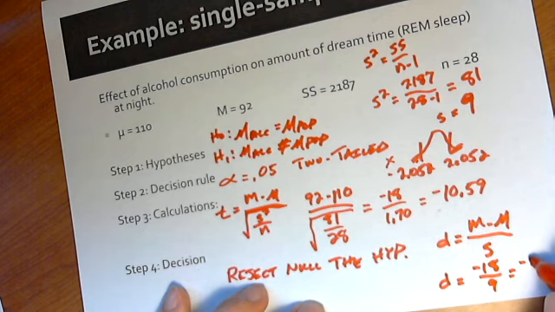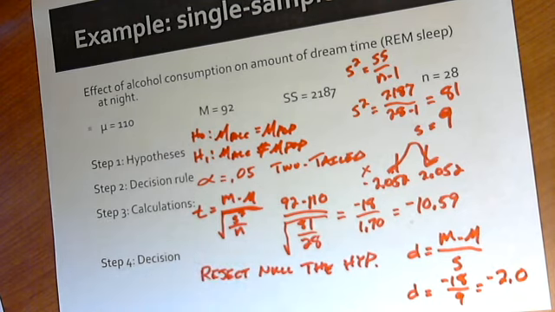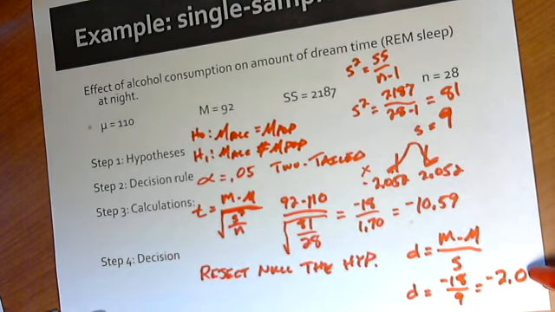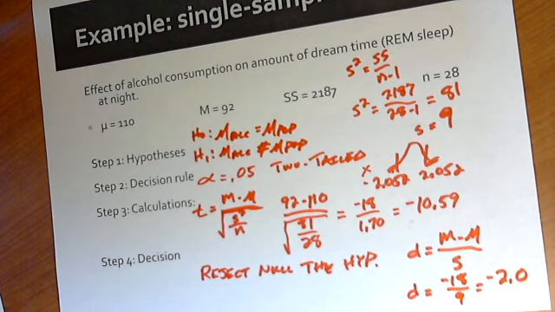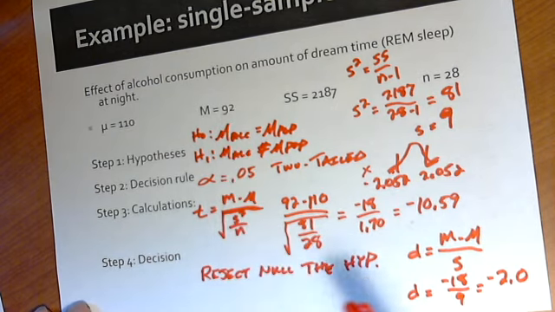That's nice, easy math. Negative 2.0. That kind of effect size is just massive. You usually wouldn't see something like that in a lot of research studies. Basically what that's saying is our experimental group scored 2 standard deviations below the mean. That's a really, really large difference that we see there.